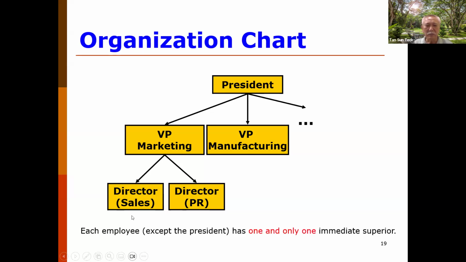Each employee, except the president, has only one immediate superior. So you do not need to report to two people unless you are holding a double appointment. Everyone else reports to one person, and the president does not need to report to anyone else because he's the boss of the company.